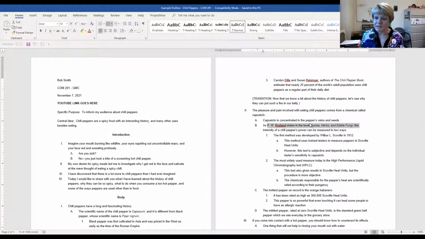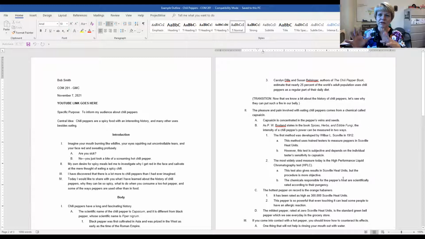And you list the 2 ways and they nest under that particular point, the subpoint. First method, oh look, and if we're going to talk about the method, that gets nested under the 1. The most widely used measure today is the high performance liquid chromatography test, called the HPLC. And we have information about that test too. And that information is nested right underneath the 2.